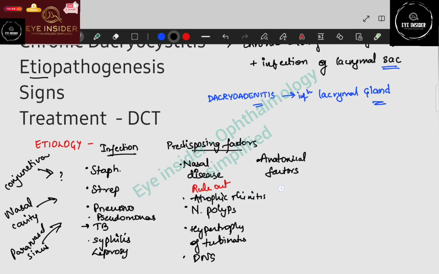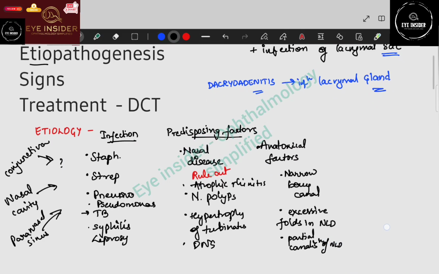The anatomical factors include a narrow bony canal through which the nasolacrimal duct and the lacrimal sac are situated, excessive folds in the nasolacrimal duct, or a partial canalization of the nasolacrimal duct.